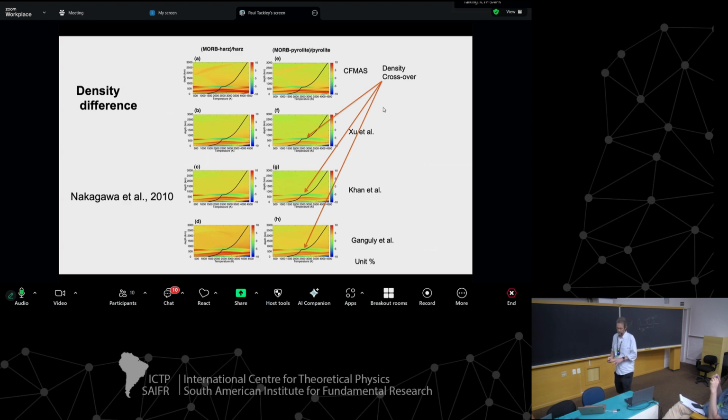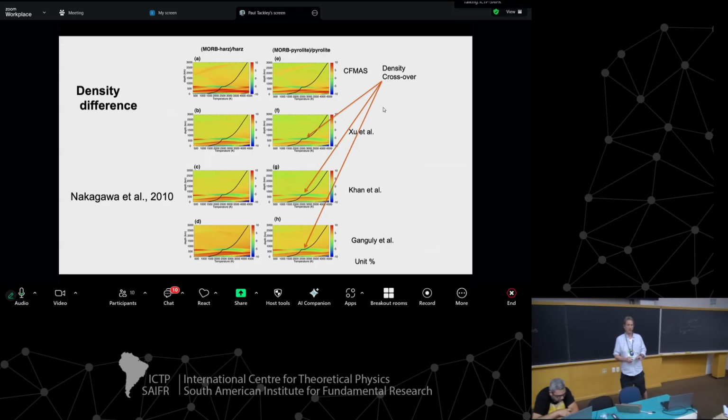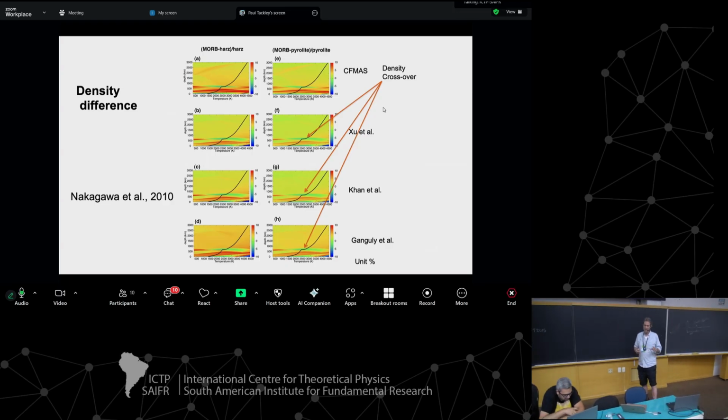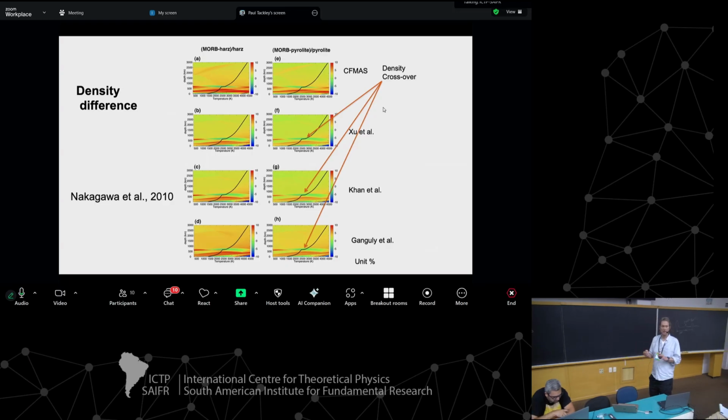So normally the basalt mineral assemblage is denser than either pyrolite or harzburgite, but in this depth range of several tens of kilometers, it's less dense than the other compositions. And so this means that basalt can get stuck in this depth range.